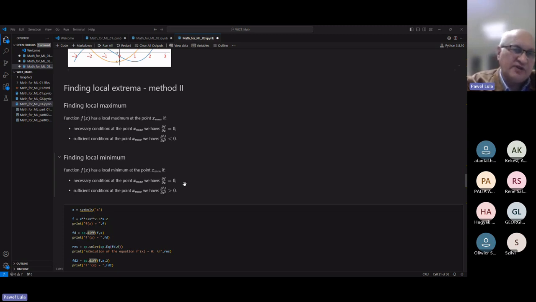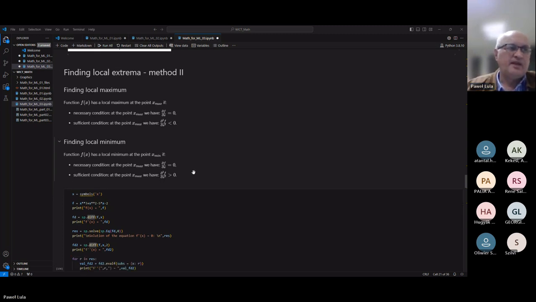And if it is positive, it means that at this point we have a local minimum. So for local minimum, the second derivative should be positive. For local maximum, the second derivative should be negative.